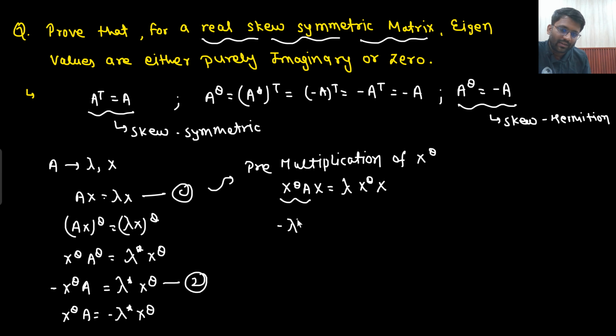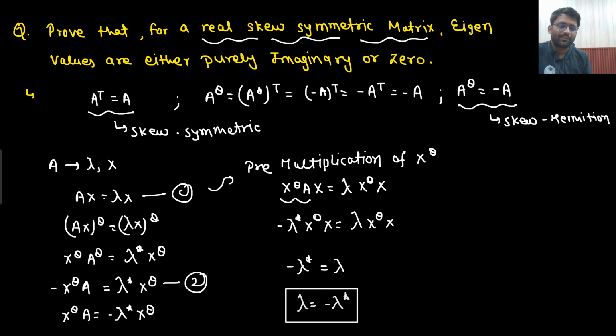So minus lambda conjugate x conjugate x equals lambda x conjugate x. Simple thing, right? If you compare, lambda is coming out to be minus lambda conjugate. What does it show? That lambda has to be purely imaginary or 0.